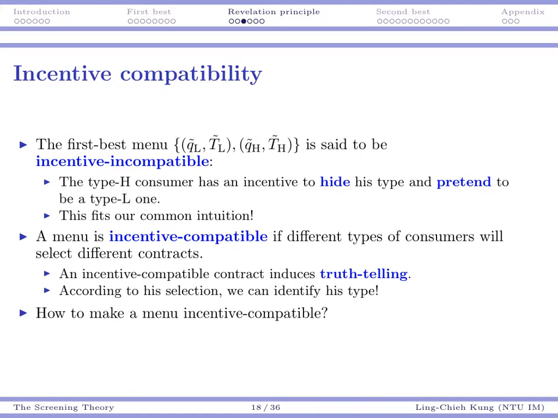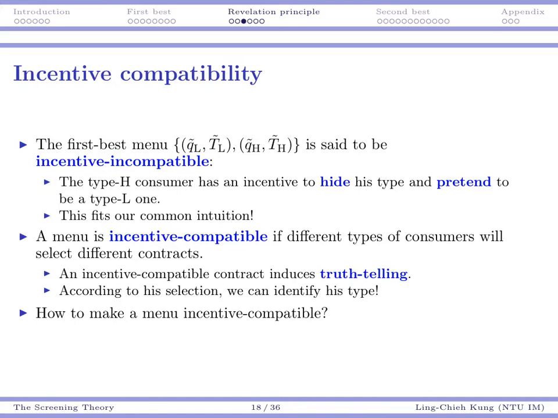And this fits our common intuition, right? There comes a consumer. You ask him, do you like my product? They will always say, I hate your product. They will say, I prefer the low contract. And that's going to be their actions.